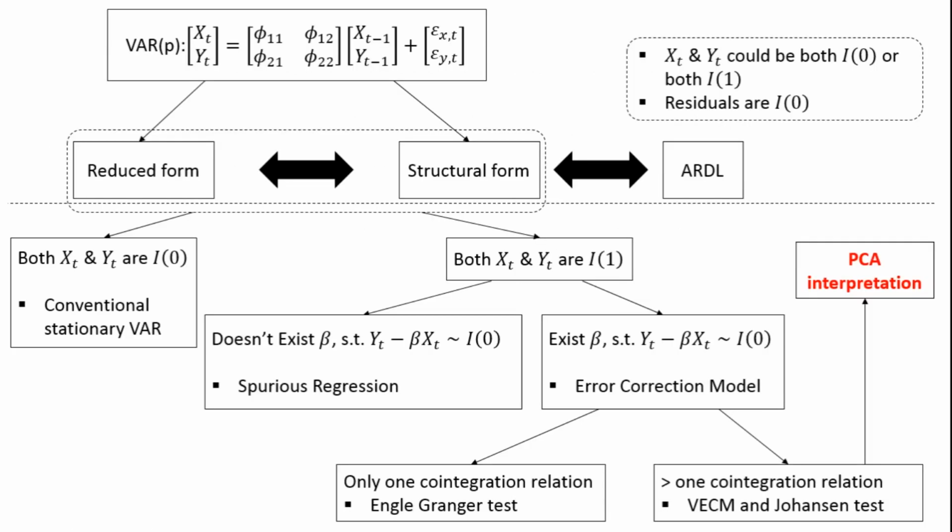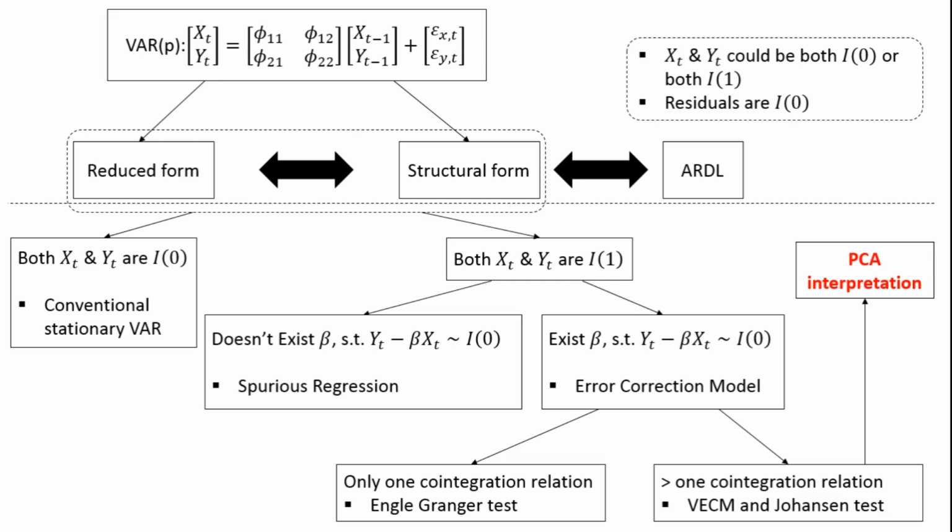To recapitulate, we have the VAR model, we have the reduced form, we have a structural form, and a situation in which both xt and yt are stationary. We have a conventional stationary VAR in this situation.